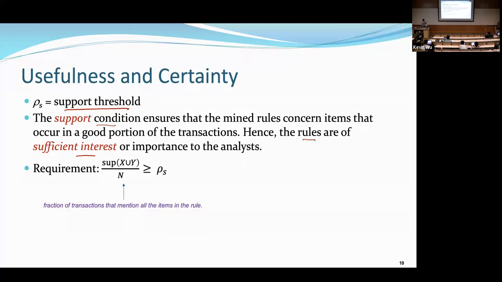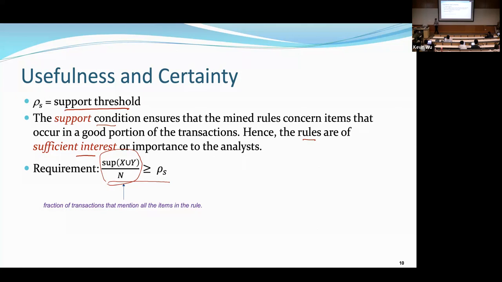So let us take a look at the requirement again, which essentially says that the support count of X union Y divided by N is larger than or equal to rho S. This ratio can be interpreted as the fraction of the transactions in the data set that mention all the items in the rule, which include the left-hand side and the right-hand side, as a fraction of the total number of transactions in the data set.